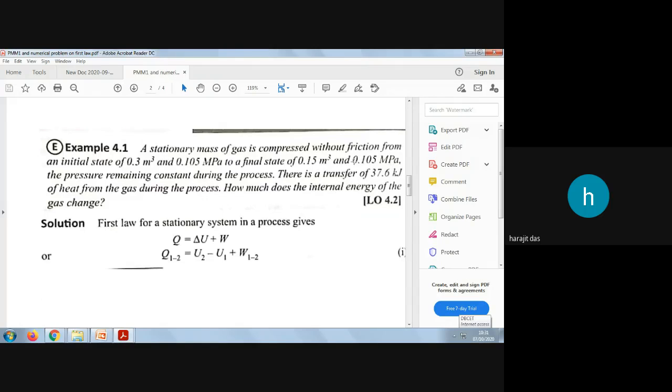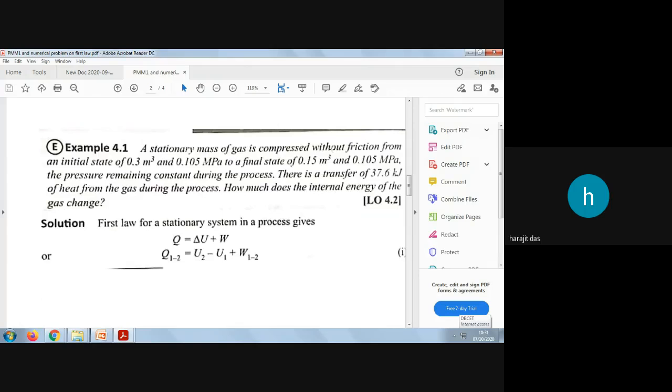Two states are given for a gas. So here gas is the system, which will be in a piston cylinder arrangement. Let's say a piston cylinder arrangement. So that piston will have some friction.